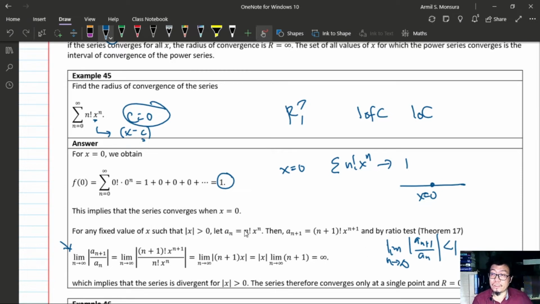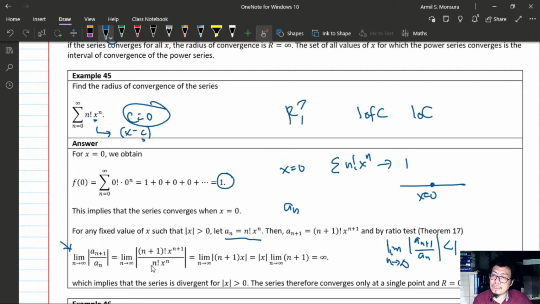Trying that out, we have a_n equal to n factorial times x raised to n. So a_(n+1), the succeeding term, is n plus 1 factorial times x raised to n plus 1. If we take the ratio, we have n plus 1 factorial times x raised to n plus 1, over n factorial times x raised to n.